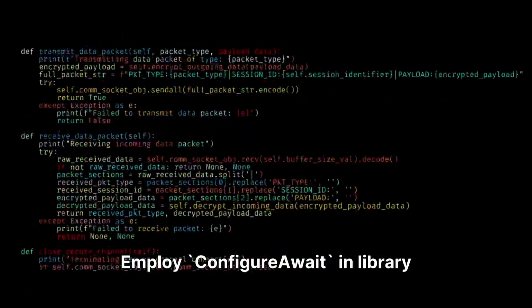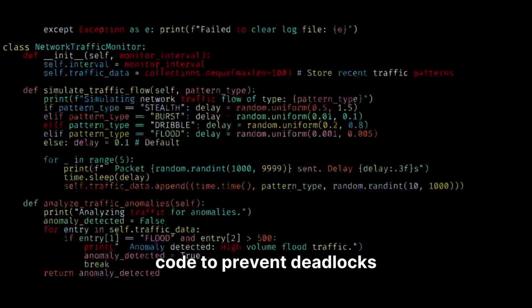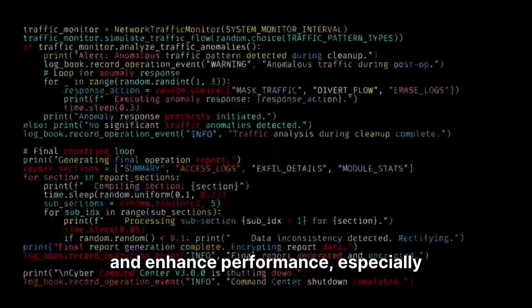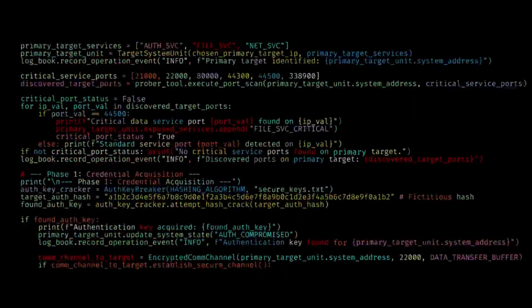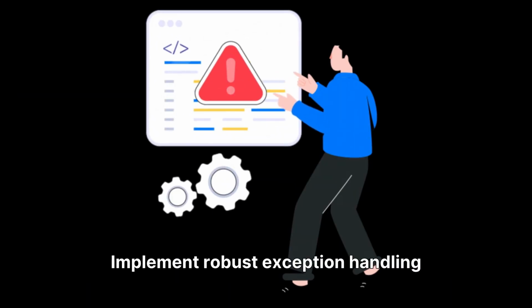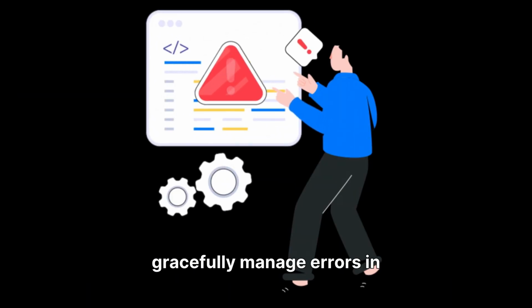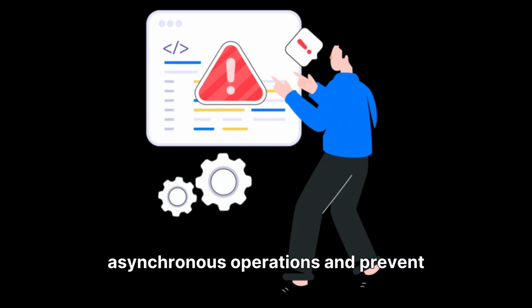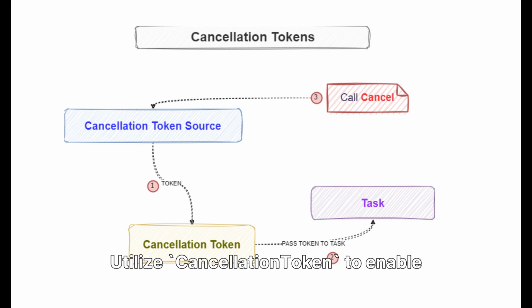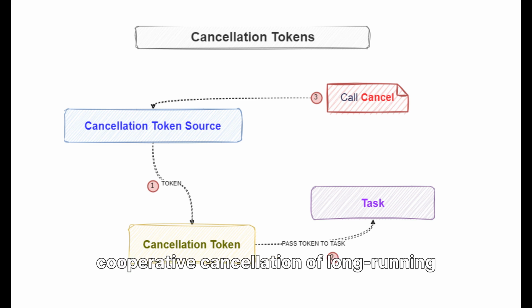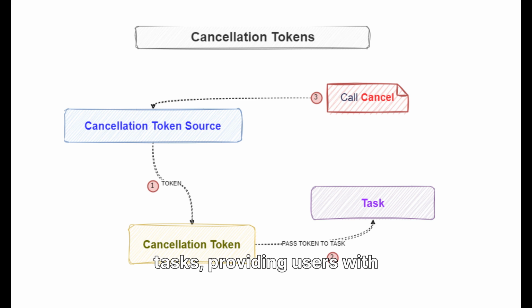Employ ConfigureAwait in library code to prevent deadlocks and enhance performance, especially in UI-heavy applications where context switching can be costly. Implement robust exception handling using try-catch blocks to gracefully manage errors in asynchronous operations and prevent application crashes. Utilize CancellationToken to enable cooperative cancellation of long-running tasks, providing users with control and improving application responsiveness.